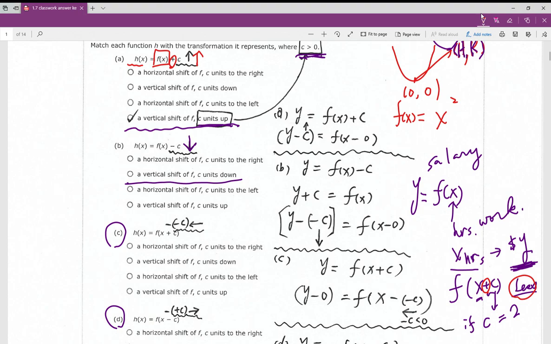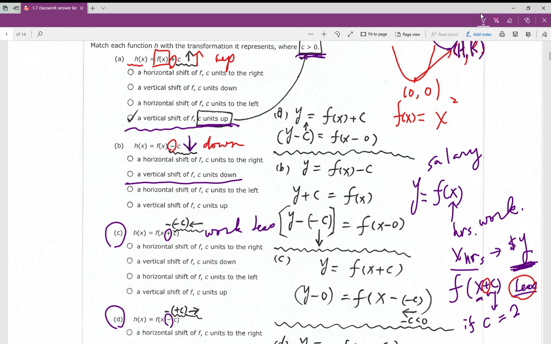You push the whole graph up. And when you have minus c, you push the whole graph down. So depending on plus, you go up; minus, you go down. Now, question C is a little different. When you see plus, you work this.